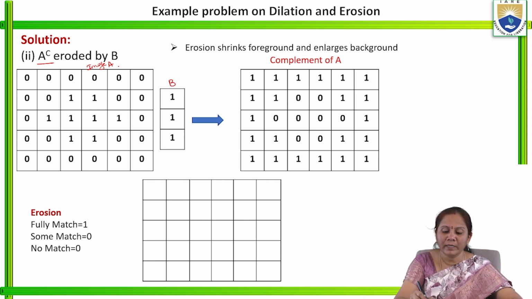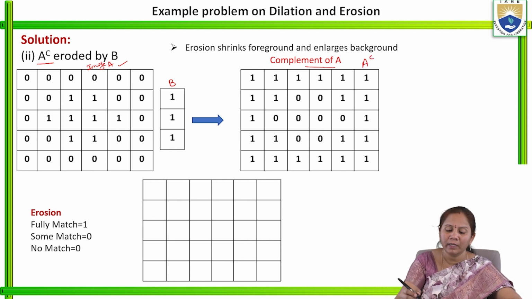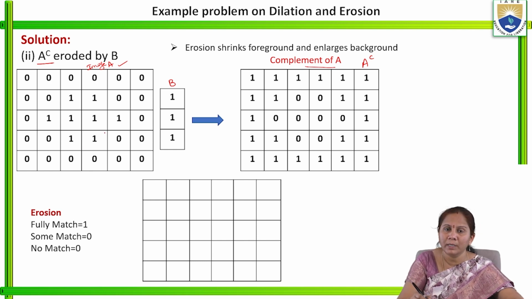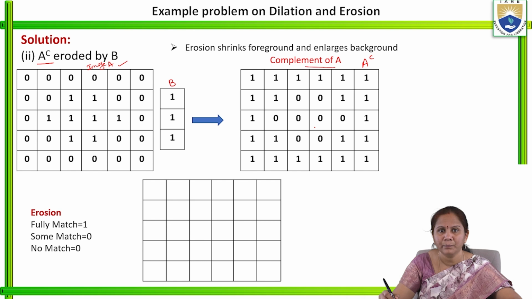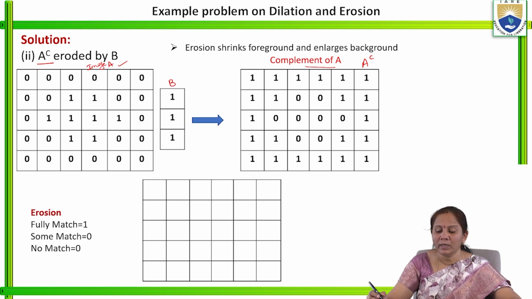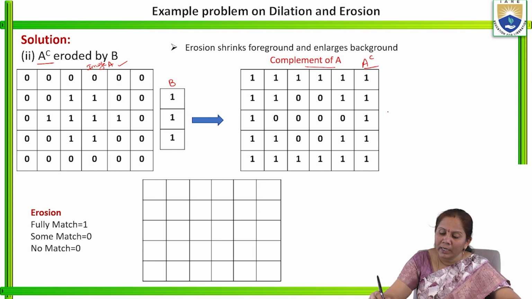First we have to find the complement of A. This is the complement of A. Finding the complement of A means that in the given image A, wherever ones are available, all those ones become zeros in A complement, and wherever zeros are available in A, all those become 1 in the complemented image.